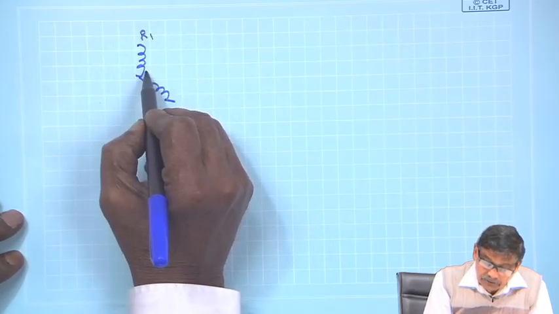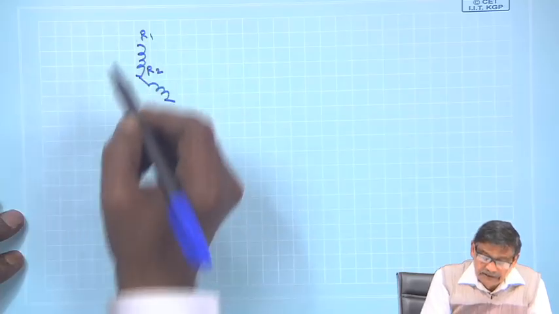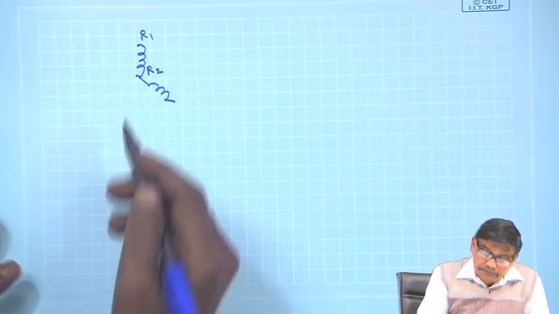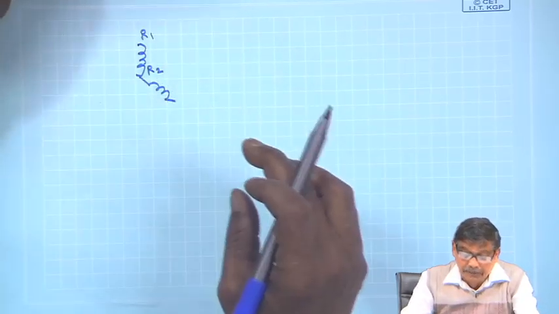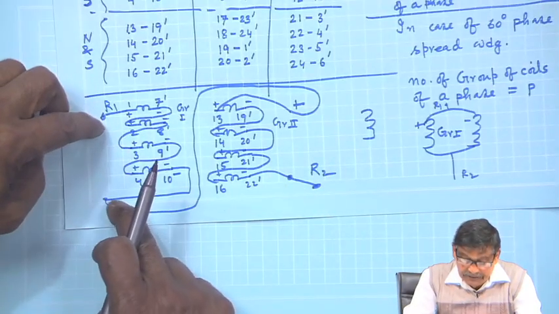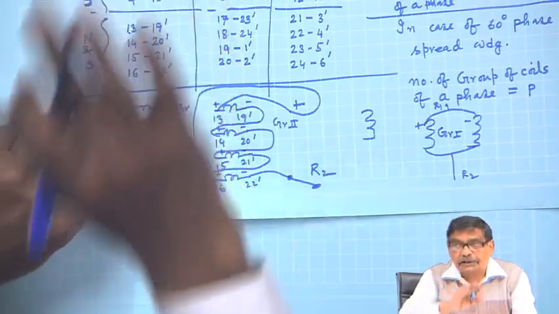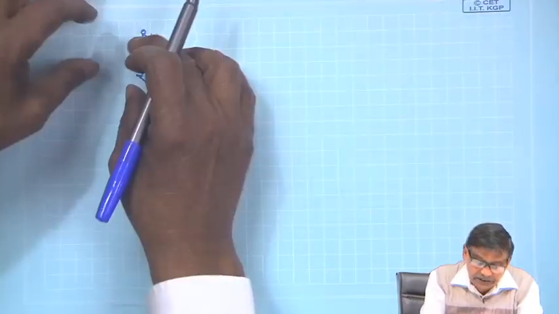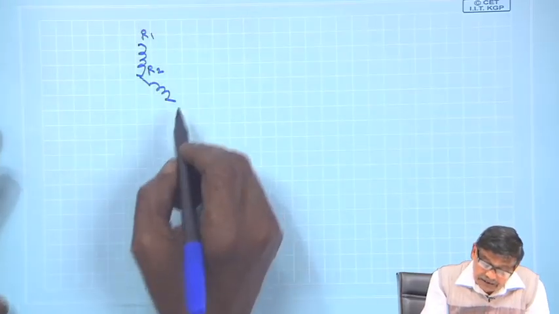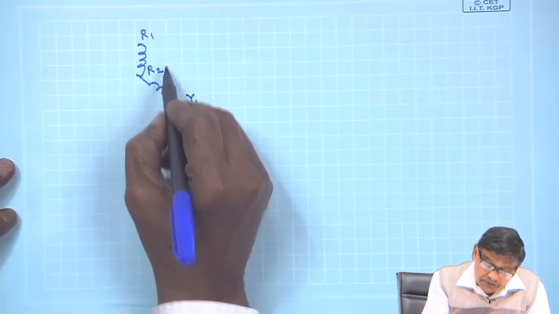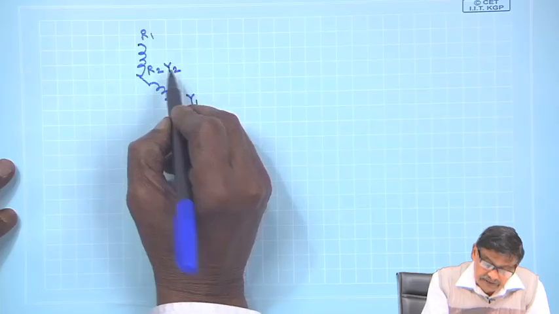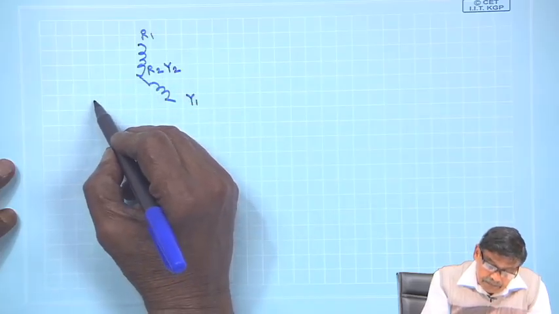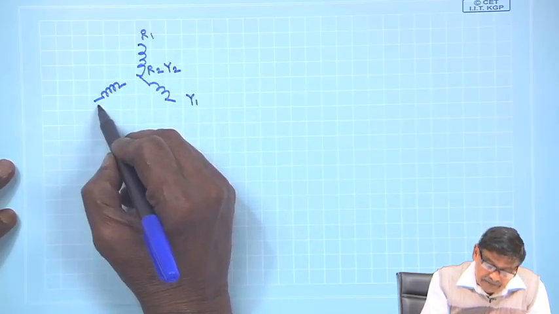Suppose R1 R2 are the 2 terminals of the R phase. These 2 terminals I am talking about are after group connection inside the machine, which are available to me. Similarly, suppose Y1 Y2 is the Y phase and B1 B2 the B phase.